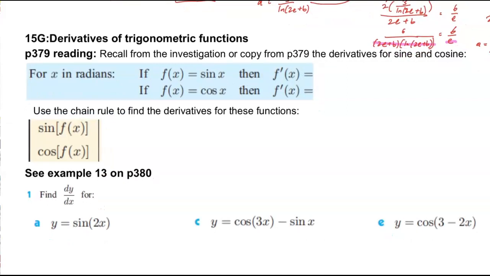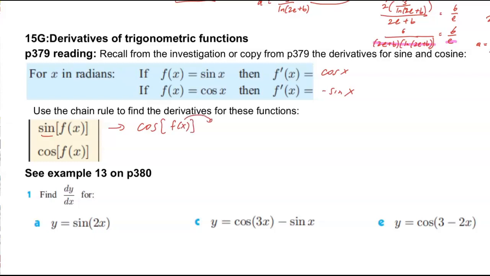Recall from the investigation or copy from page 379 the derivatives for sine and cosine. The derivative of sine is cosine. The derivative of cosine is negative sine. Use the chain rule to find the derivatives for these functions. The derivative of sine is cosine. So the outside function derivative first, and I leave the inside the same.